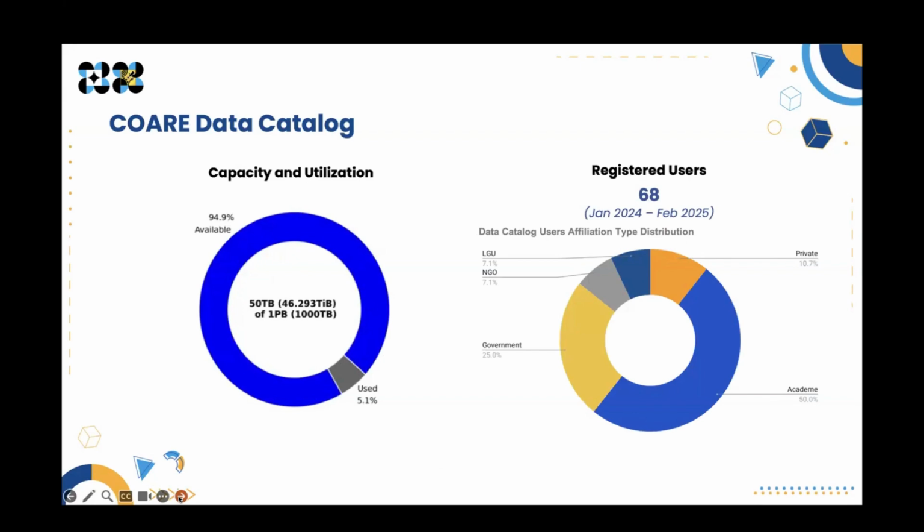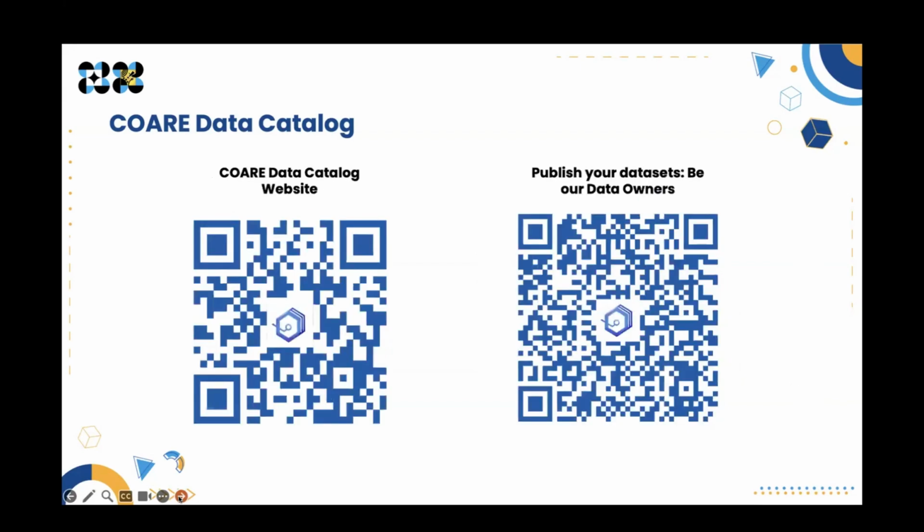From our registered users, over a 1-year period, we have around 68, so still fairly small. And the composition of these registers are from local government, from national government, from non-government organizations, private institutions even. And a big chunk of it, aside from government, is from the academic community.